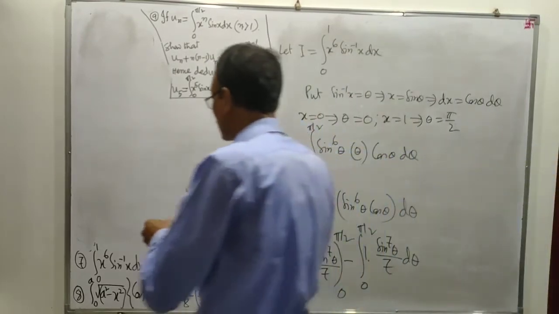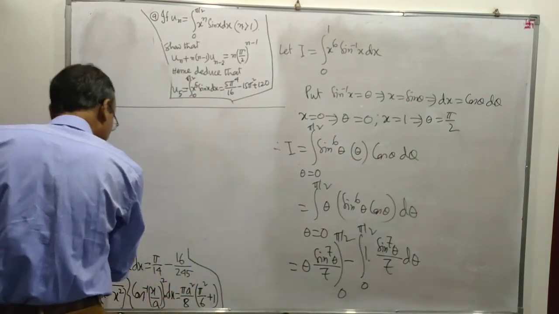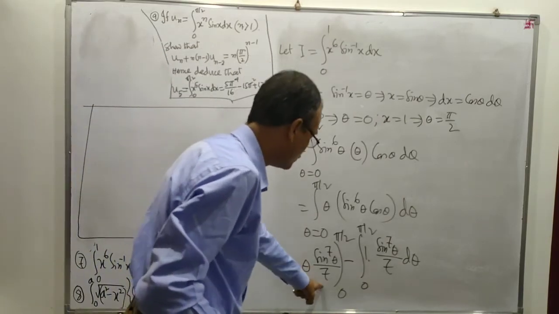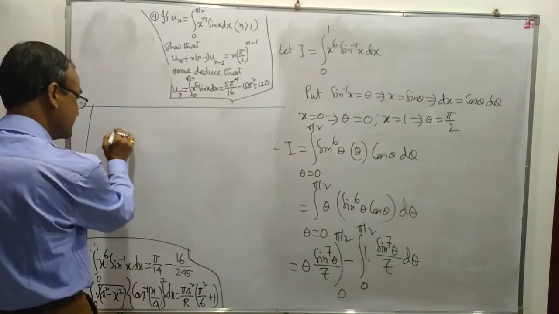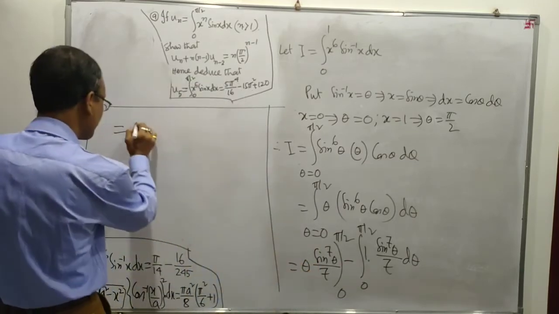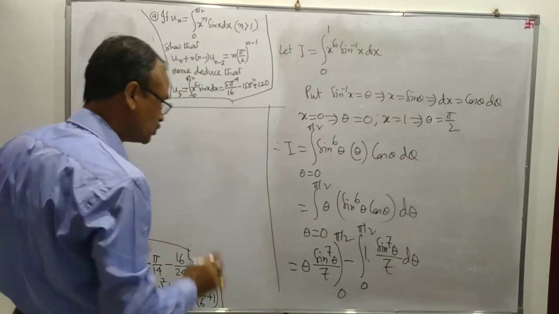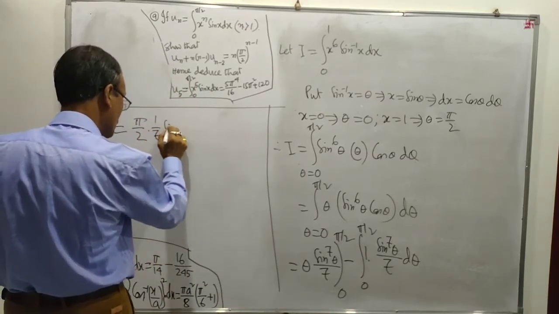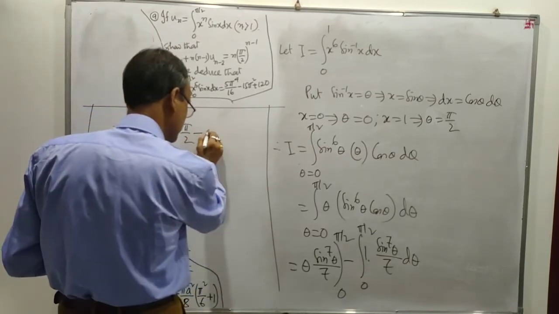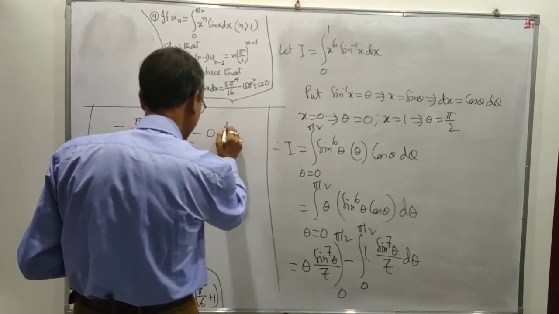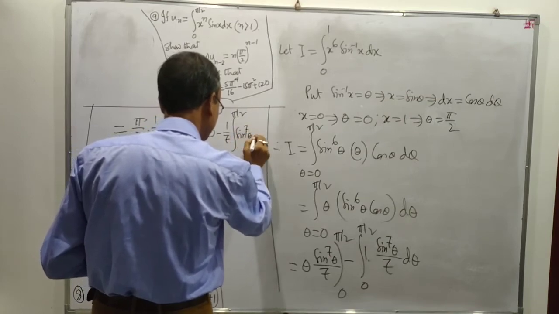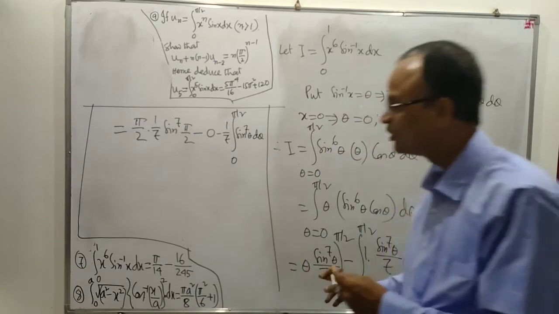Now put here the limits. For theta you may write pi by 2, pi by 2 into 1 by 7 into sin to the power 7 pi by 2, minus 0, minus 1 by 7 integration 0 to pi by 2 sin to the power 7 theta d theta.